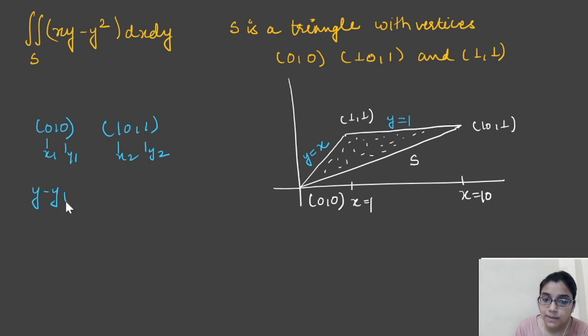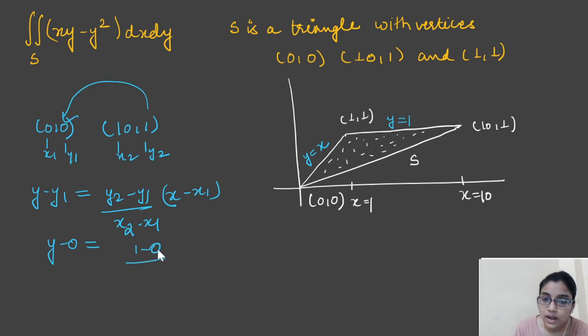So y minus y1 equals y2 minus y1 by x2 minus x1, times x minus x1. So y minus y1 is y minus 0, y2 minus y1 is 1 minus 0, x2 minus x1 is 10 minus 0, and x minus x1 is x minus 0. Fine. So what we got here is y equal to x by 10.